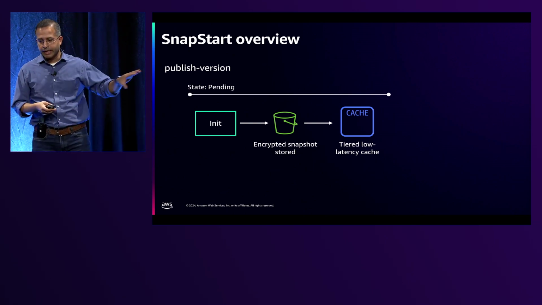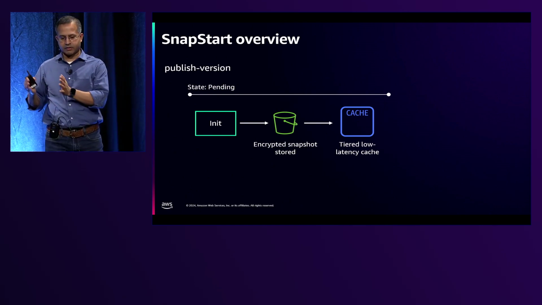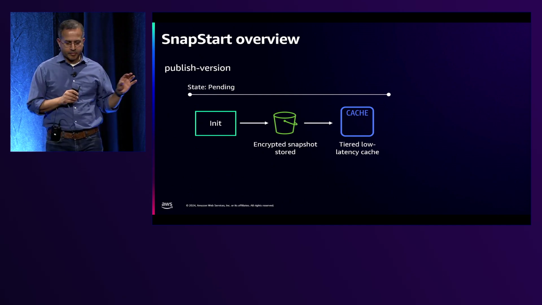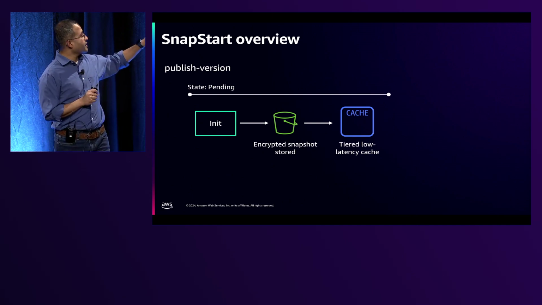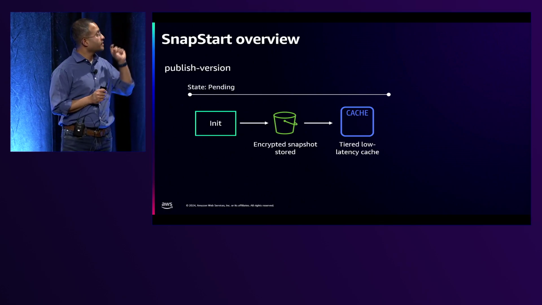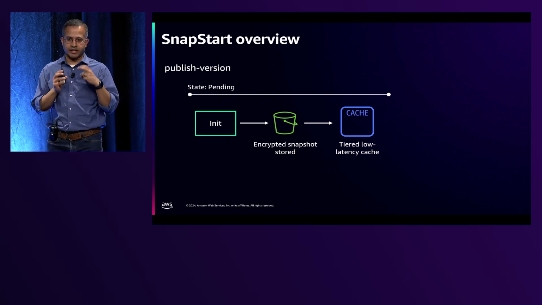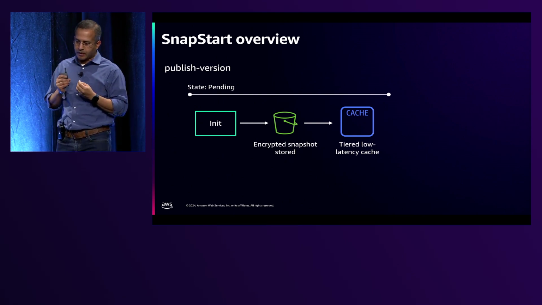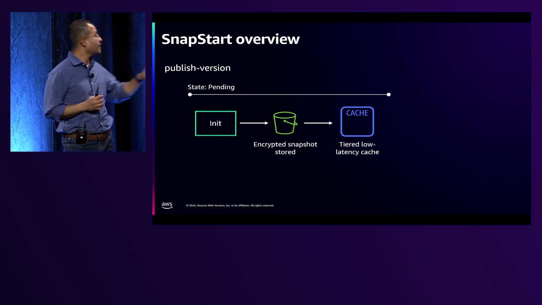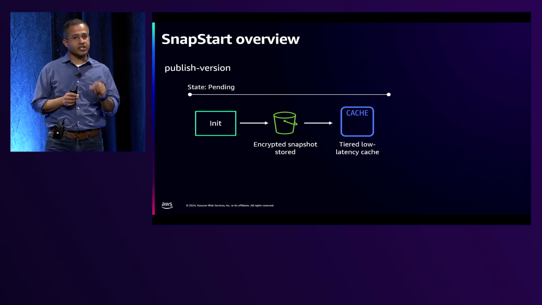And here what you see is the process launching the entire initialization phase of the function. As soon as the initialization happens as part of SnapStart, the Firecracker micro VM snapshot, an encrypted snapshot of the memory and disk state, is captured and stored in a low latency cache in small chunks.